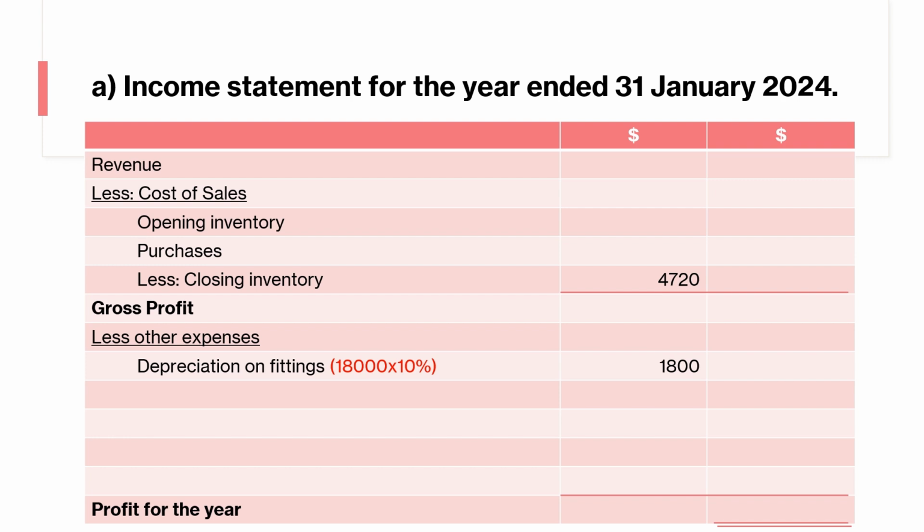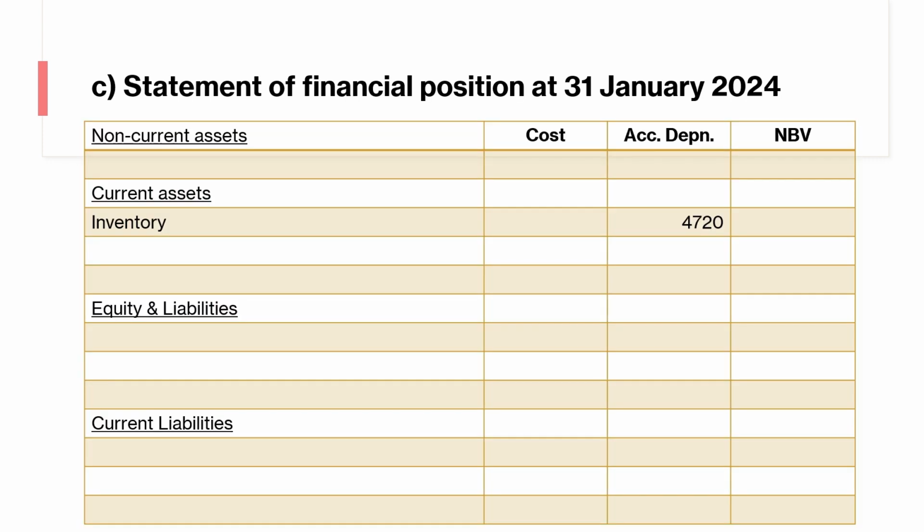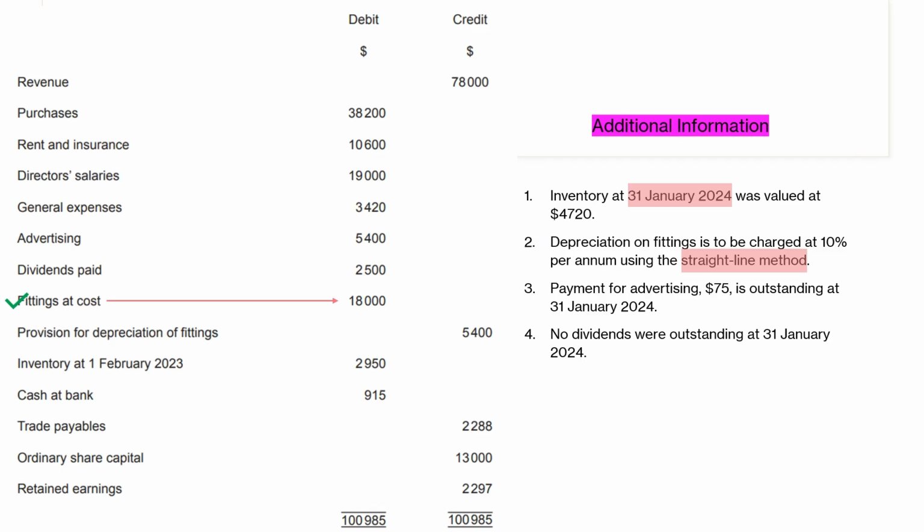That's not it. We also have to record this in the SOFP. So fittings is a non-current asset because it's controlled by the business and it's held in the business for more than a year. And the cost is 18,000, which was already given. Then you can go back to the question and see the accumulated depreciation.